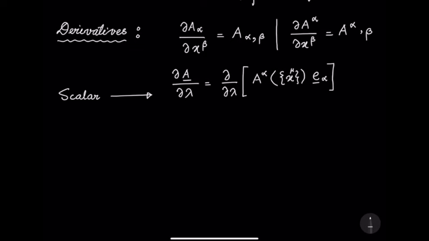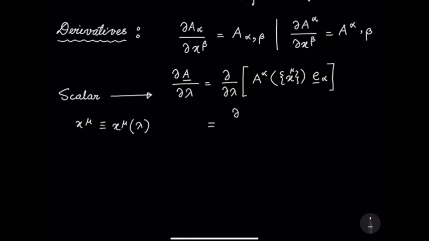So this is what this differentiation means. And then what we have done so far, E alpha is not a function of coordinates, so it cannot be a function of lambda, because coordinates are the ones which are functions of lambda. E alpha is the same everywhere. It doesn't matter if you change your parameter lambda. So just let me remind you again that the x mu's depend on lambda. They are functions of lambda.